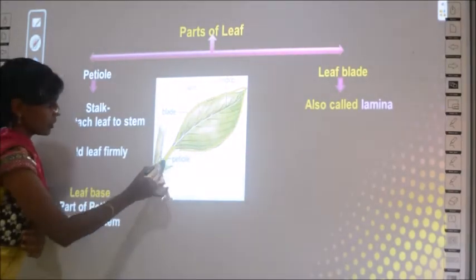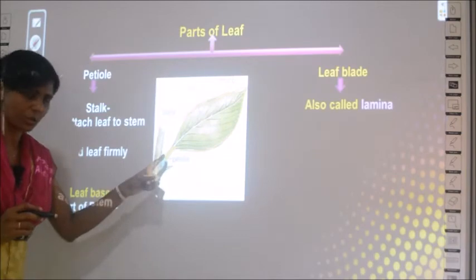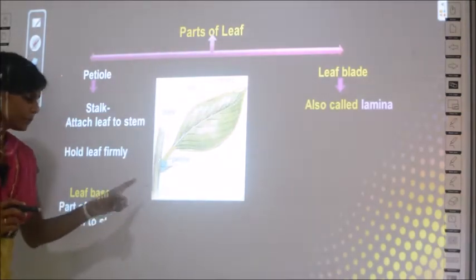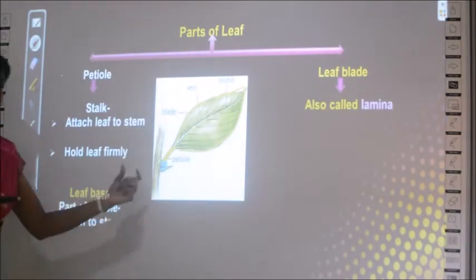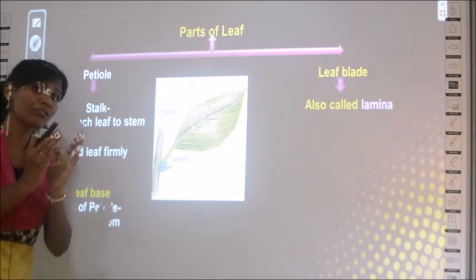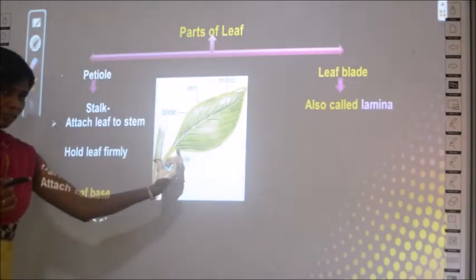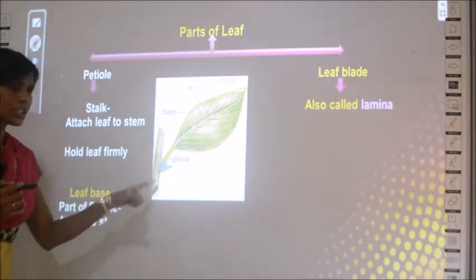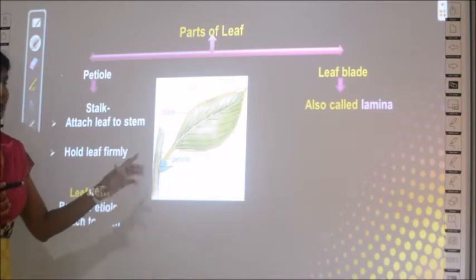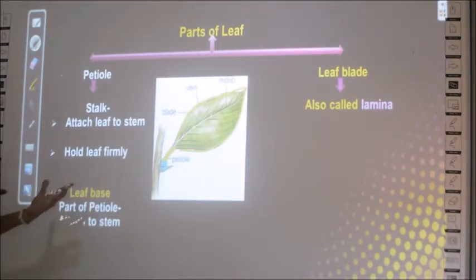This one. The part of the petiole which is attached to the stem. So which part of the petiole is getting attached to the stem? That part of the petiole is called the leaf base. Okay. So this is about the structure of petiole.